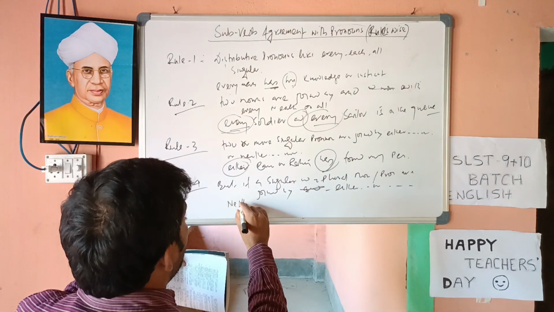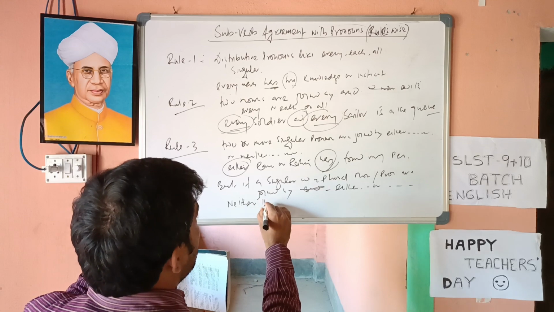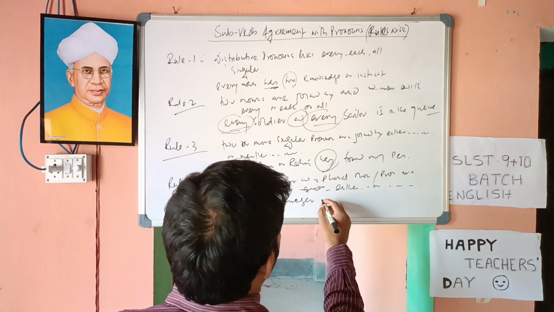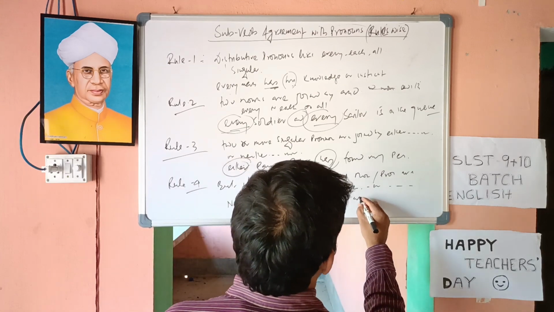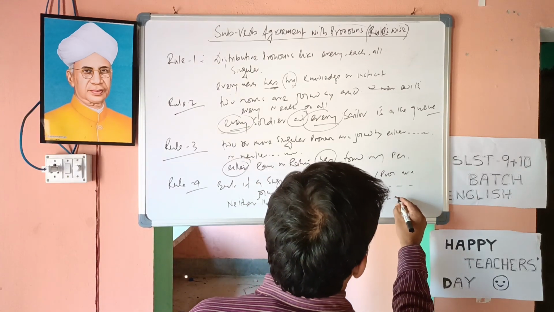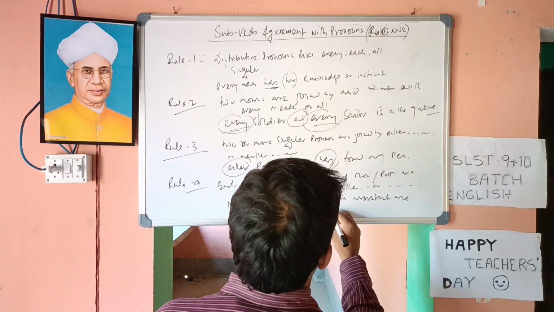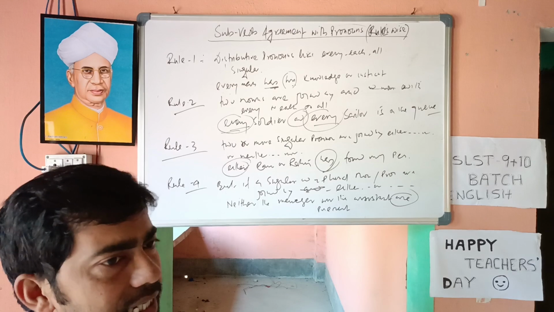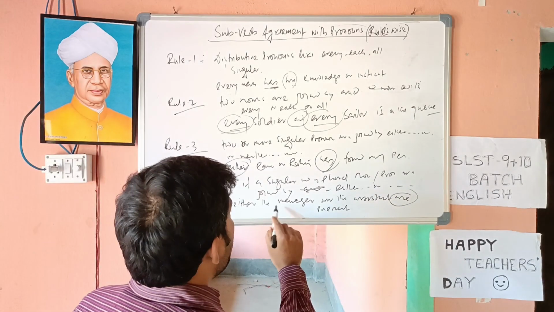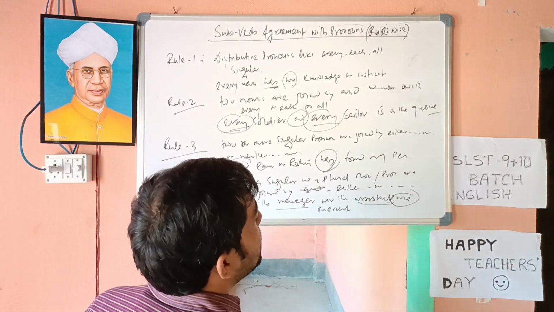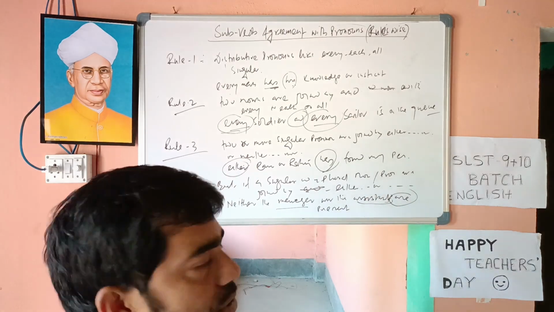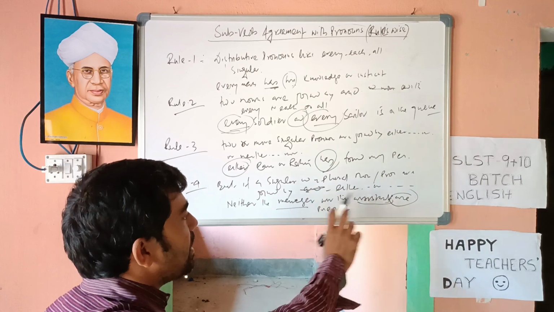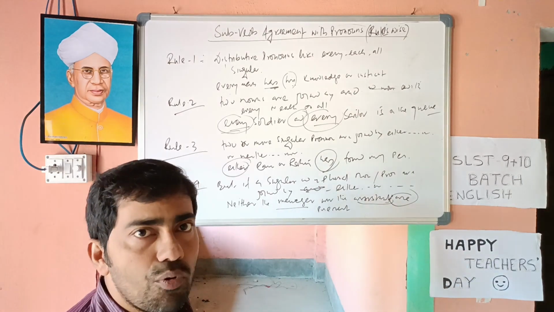Neither the manager nor the assistants are present. Are is used here because the manager is singular but the assistants is plural. Both singular and plural forms are used, and therefore the sentence is taken as plural.